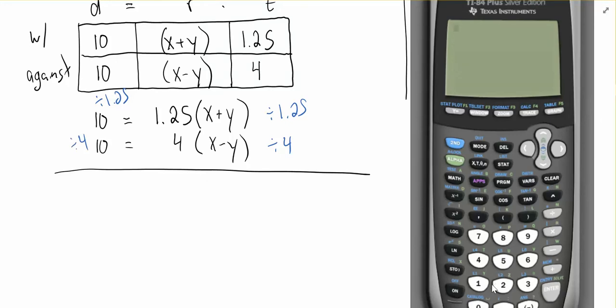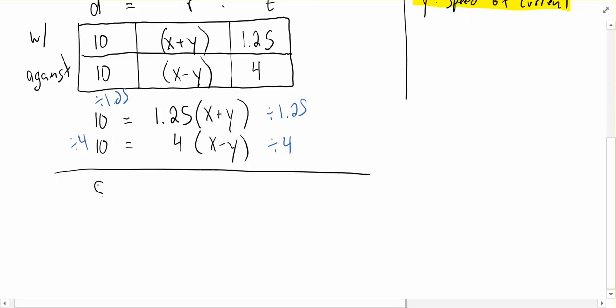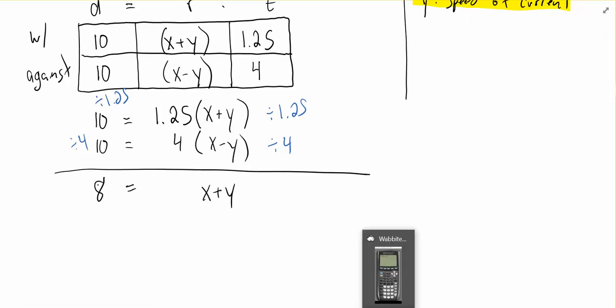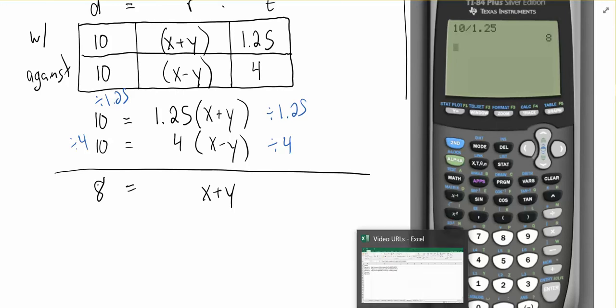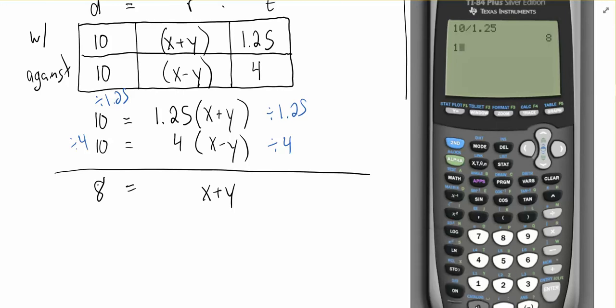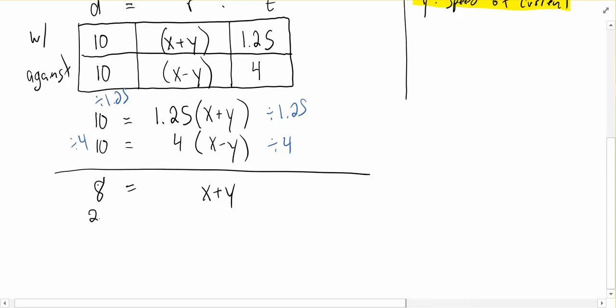So we're going to go ahead and do 10 divided by 1.25, and that gets us 8 for this guy. We're left with the x plus y. Now for the divide by 4 piece, 10 divided by 4 gets us 2.5. And that leaves us with just the x minus y.